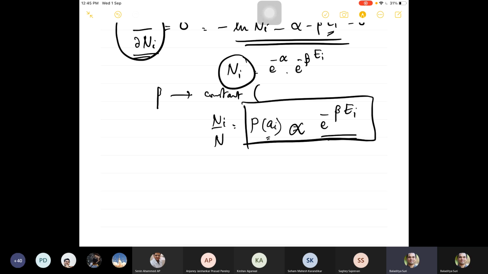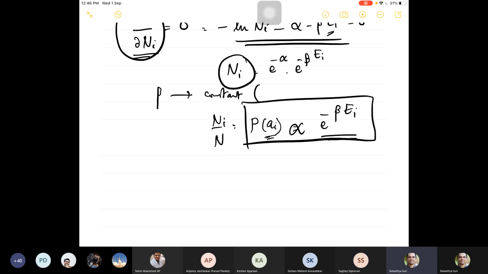This probability that the system is in a state AI, and I did not really say anything about the state AI other than that the state AI has an energy Ei. This state AI can have various other parameters. It can have some angular momentum, it can have this and that.